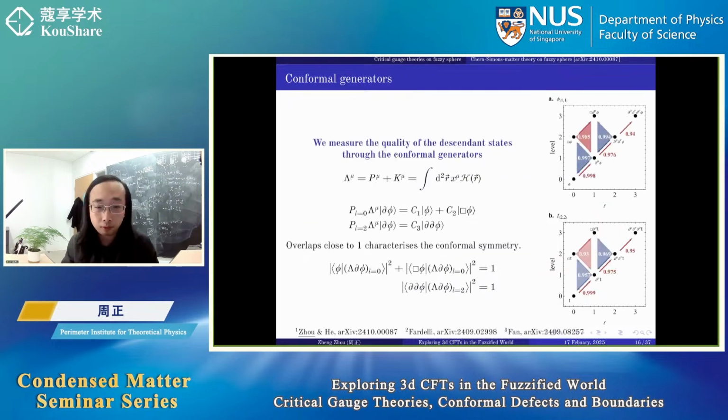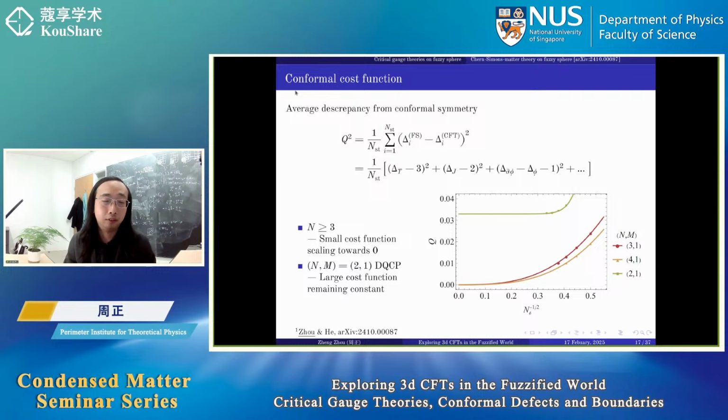So to quantitatively measure the conformal symmetry, we define a cost function which measures the average discrepancy from the conformal symmetry. For example, there can be terms like delta t minus 3 squared, or delta j minus 2 squared, or delta partial phi minus delta phi minus 1 squared.